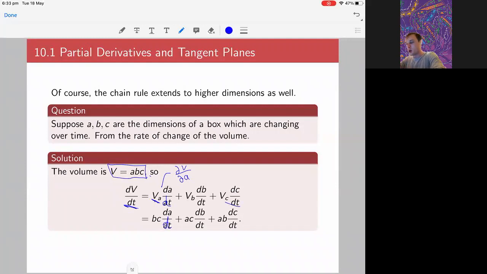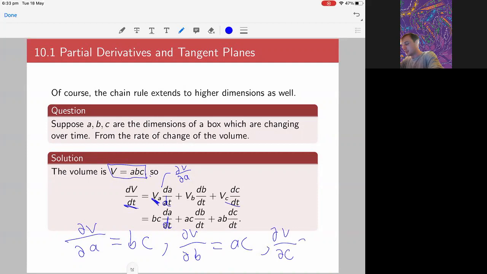Now the thing is, I know what all of these partial derivatives are. The derivative of v with respect to a is just bc. The derivative of v with respect to b is just ac. And the derivative of v with respect to c is just ab. So this is the formula. We haven't been given any numbers or anything else in the question, so this is actually the best that we can do. So that's how we would use the chain rule for 3 variables.